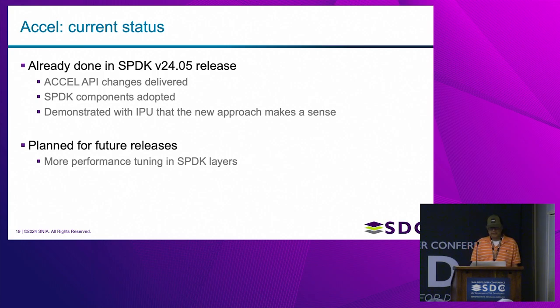The modified SPDK components are there. And it has all been demonstrated with the IPU, and our results show that this new approach makes sense and provides a lot of benefits. What is still to come in future releases is more performance tuning in SPDK layers.